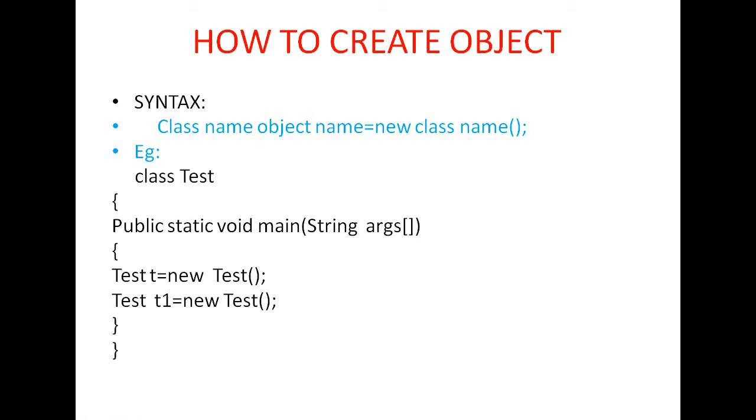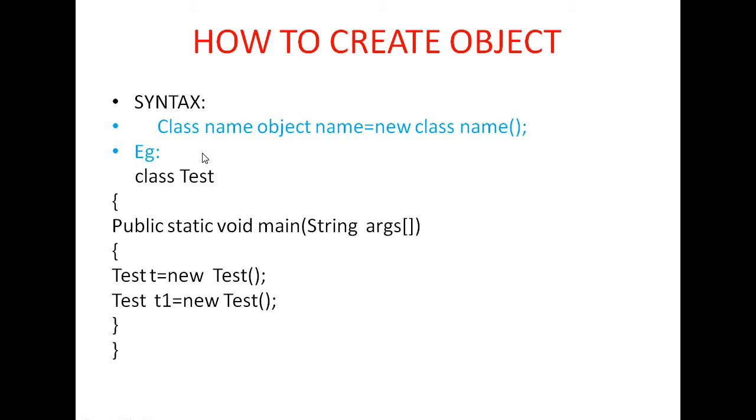Then I am writing the main method, and the syntax of main method is public static void main(String[] args). S must be capital because String is the inbuilt class name in Java. Then I want to create the object of the Test class.